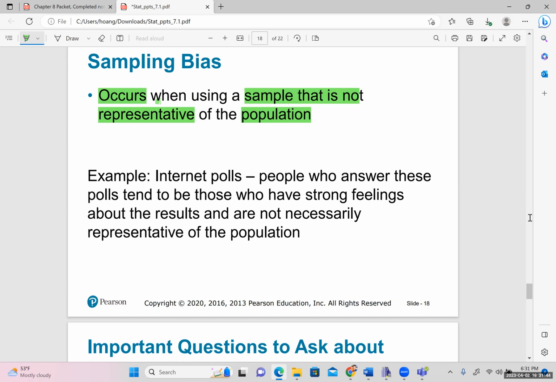I will give you another case. Say you want to do research about the average age of students at Merritt.